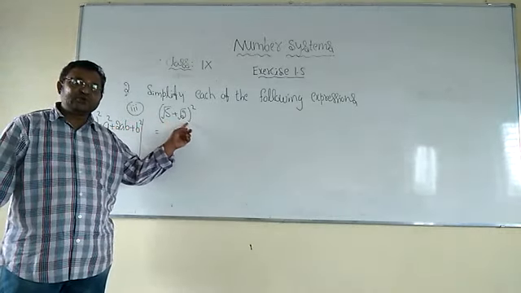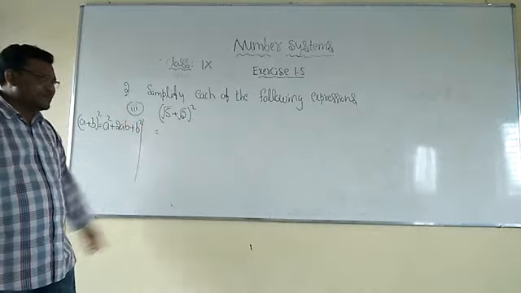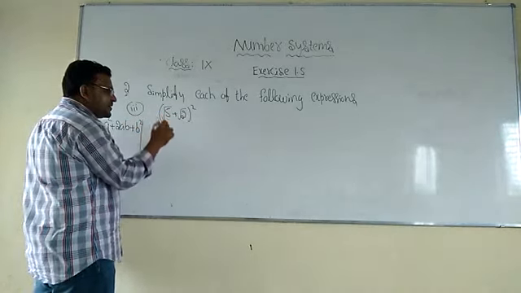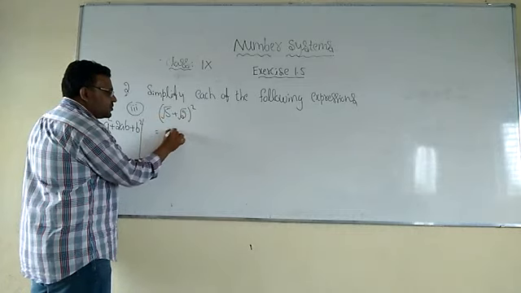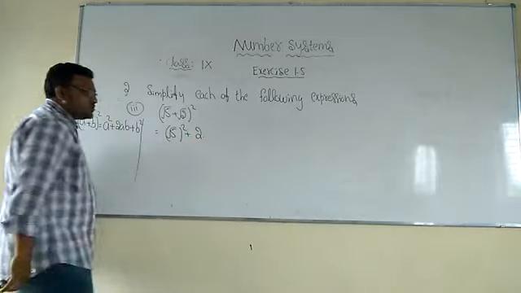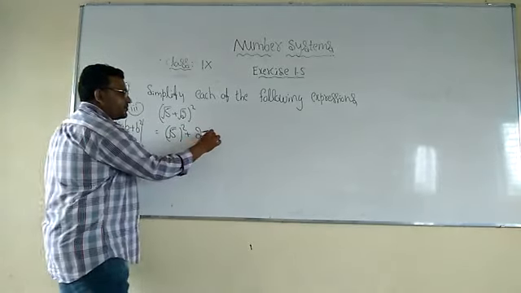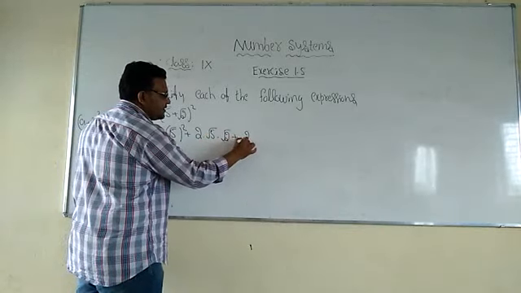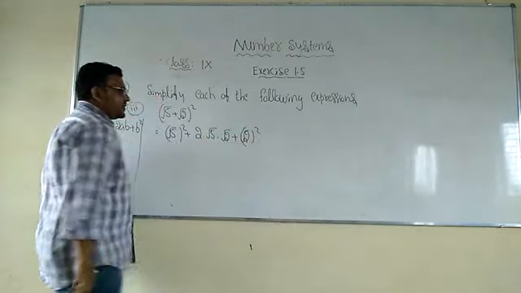In the place of b, root 2 is given. Just substitute in the formula, then simplify. That means root 5 plus root 2 whole square is equal to root 5 square plus 2 into root 5 into root 2 plus root 2 whole square.